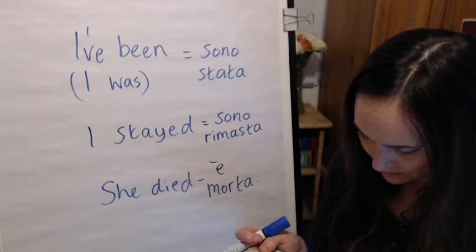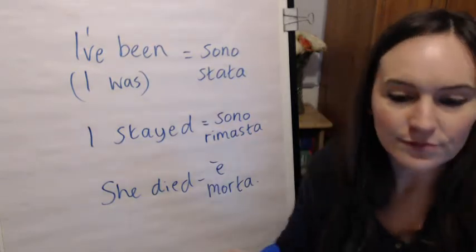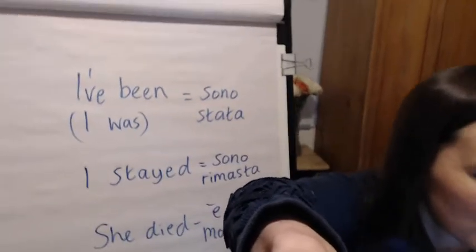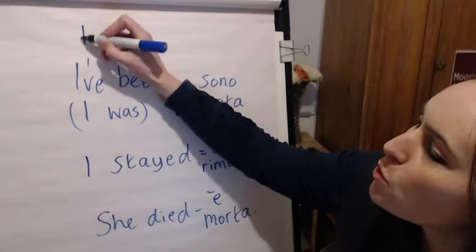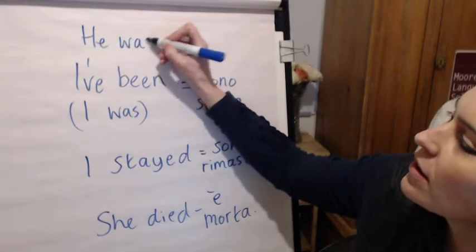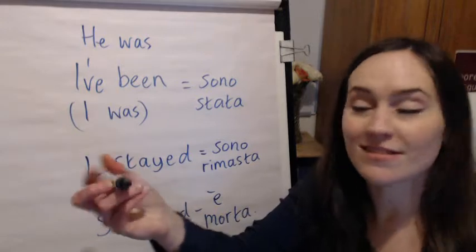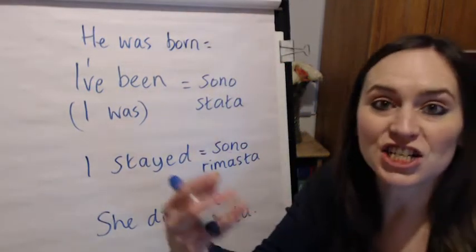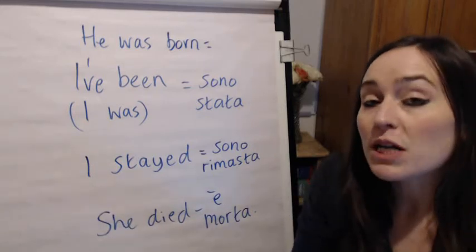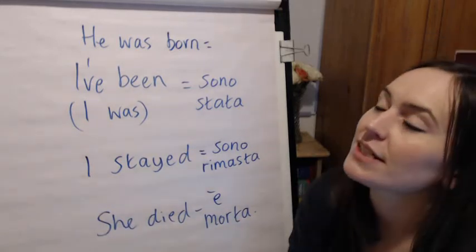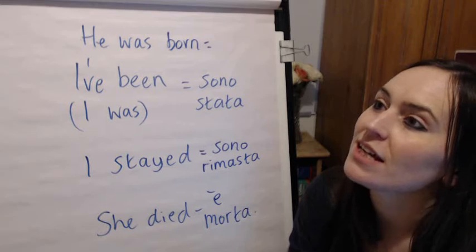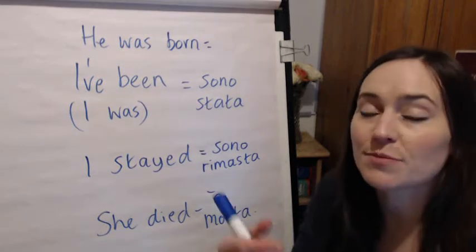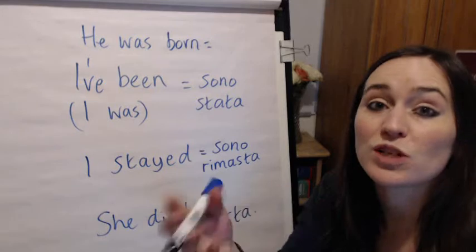Okay. He was born. He was born in Florence. So this is from the verb nascere, and the past participle, I'm just trying to think what it sounds like. Now, if you can think of any links with the past participle to any other languages or words in English, let me know.